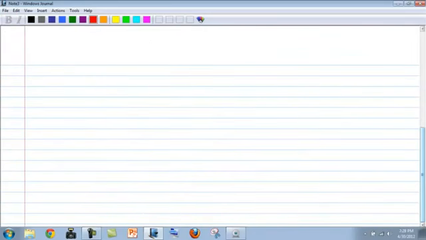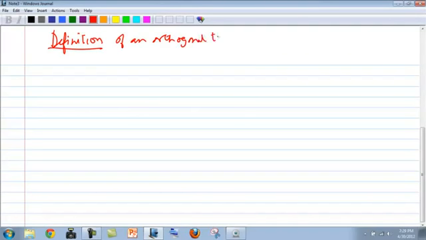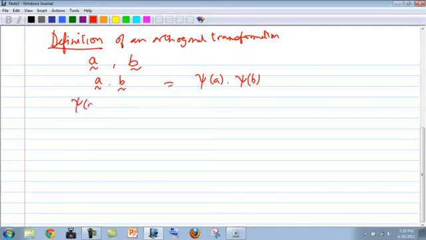So let's try to use the definition of an orthogonal transformation. Let's say we have two vectors A and B. So A dot product with B is the same as psi of A dot product with psi of B. Okay, but now what is psi of A?